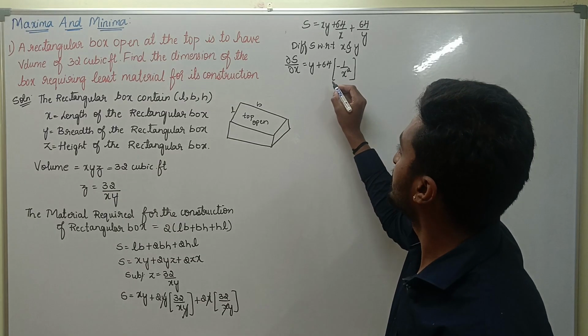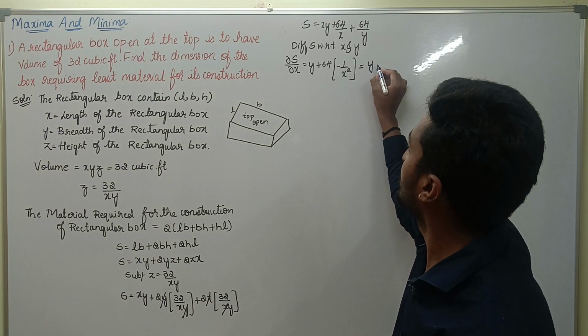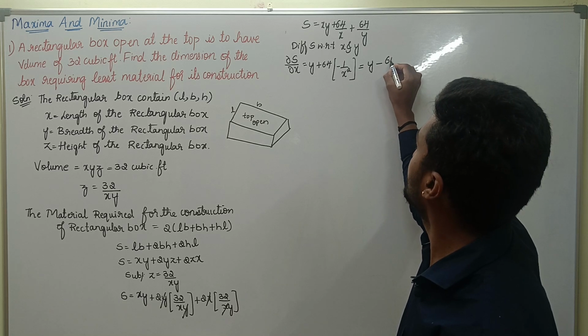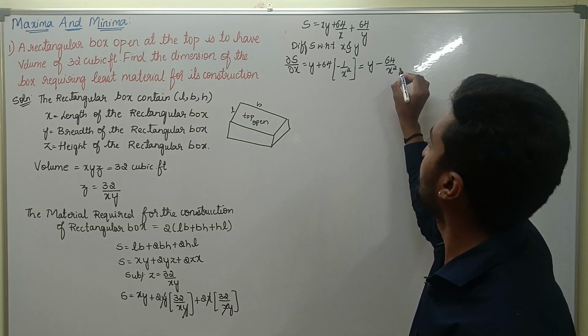Simplifying, this is y minus 64 by x square.